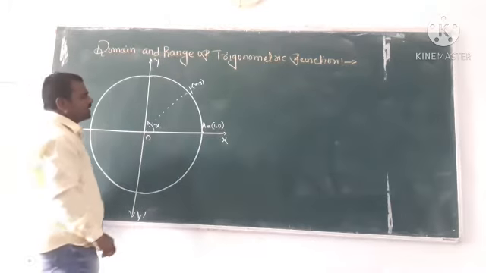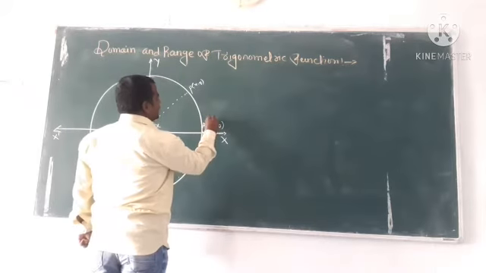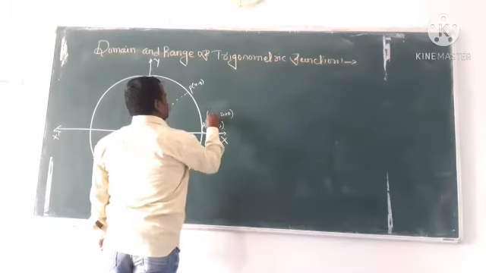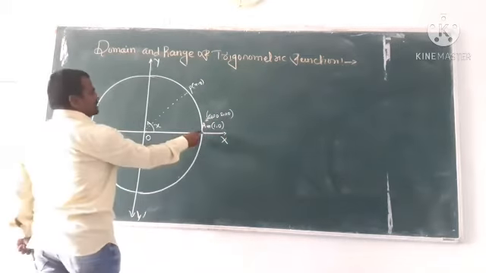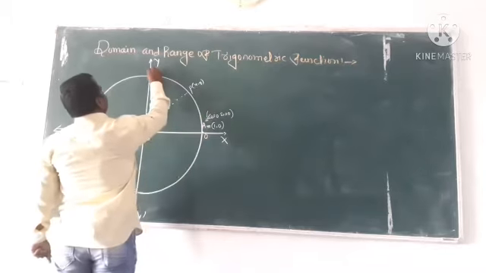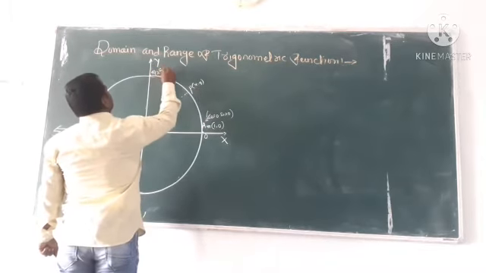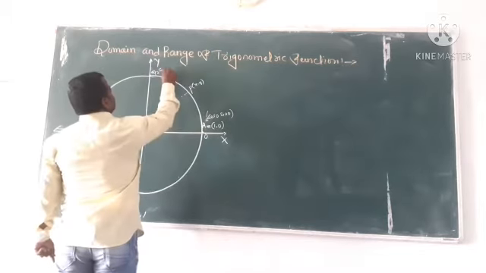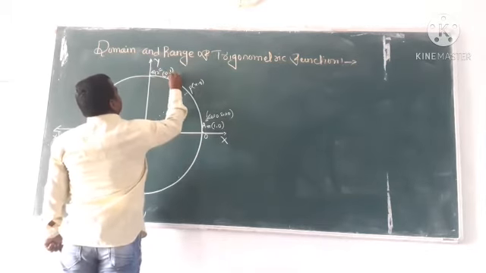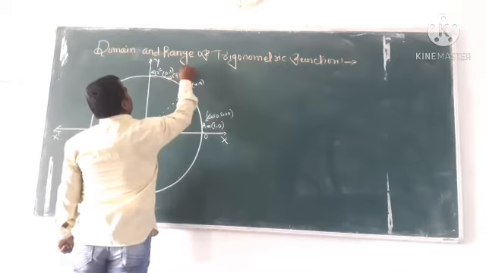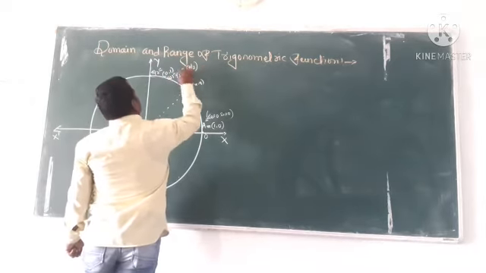So by this, you take cos 0, sin 0, right? Here 0, next the value pi by 2. So next, the point (0, 1) is cos pi by 2, sin pi by 2, right?